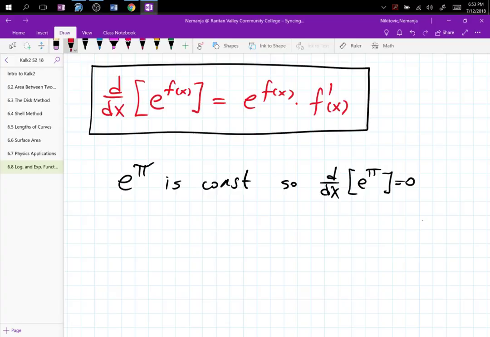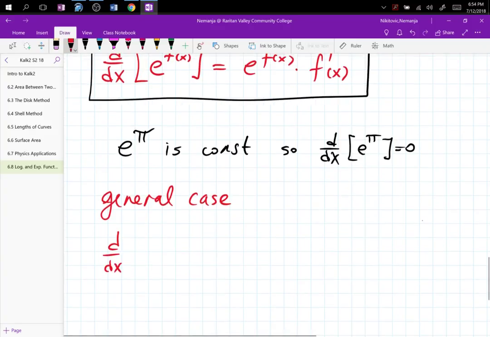Now, not every exponential function is e to the x. Some of them might be 2 to the x. You might have 2 to the sine x, and we would like to see the most general case that you can encounter. So the most general case would be the derivative of b raised to the f of x.